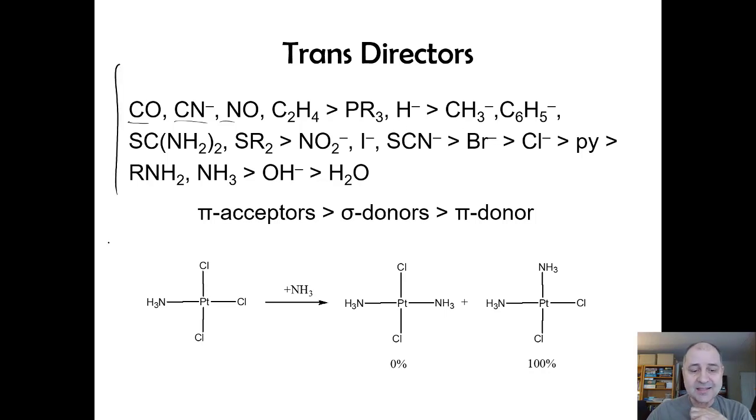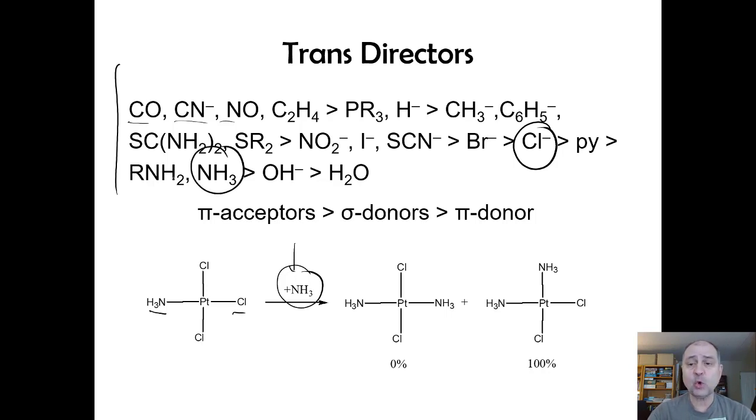All that means is if you are doing a substitution here of this platinum compound, if ammonia comes in, it doesn't matter where this ligand is. What you need to find is the strongest trans director. So it's either the amine or the chloro. So go find that. The chloro is here, and the amine is here.